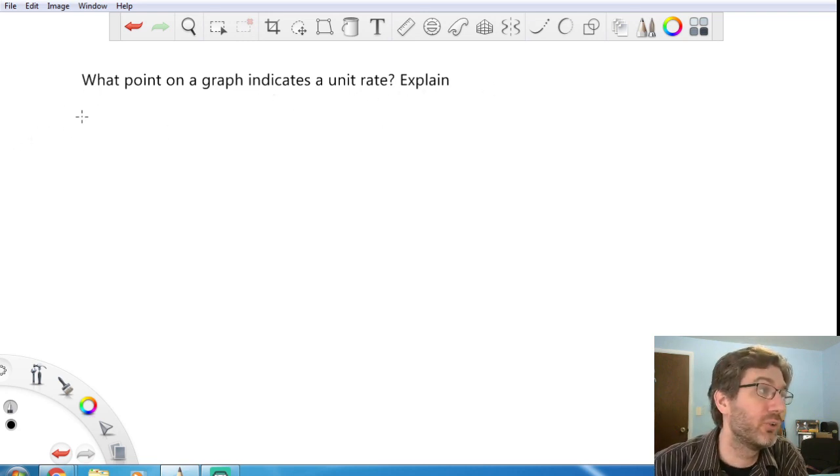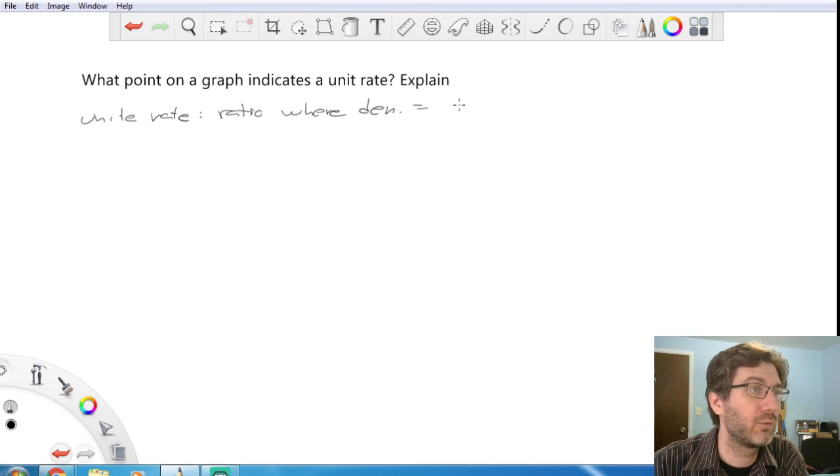Okay, so unit rate, by definition, is when your denominator is 1 unit. It's a ratio where your denominator equals 1 unit. Okay, so by definition, this is the unit rate. So where on the graph is your ratio with a denominator of 1 unit?